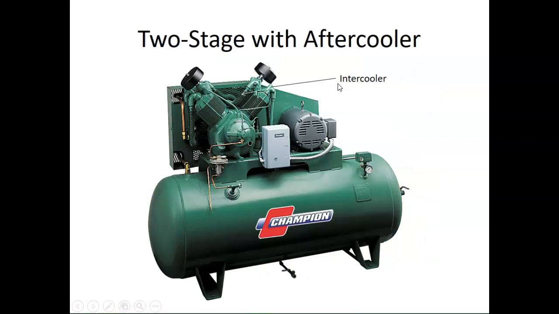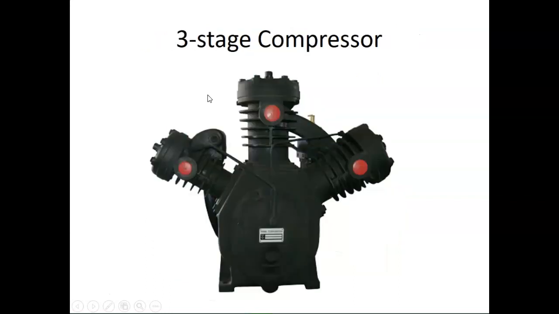So this is one that is a 2-stage with an aftercooler and intercooler as well, apparently. So they're pointing that out. So this one's a 3-stage compressor. Again, this is all about how much pressure do you actually need.